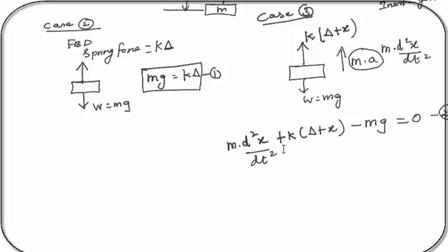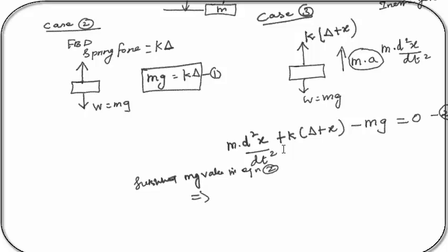In this equation, initially we are just going to replace mg by k del, because we know that mg is k del. So I'm going to substitute the mg value in equation number 2.